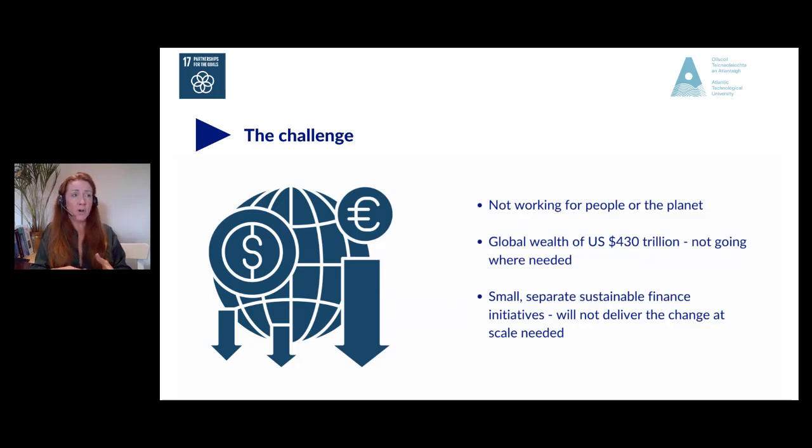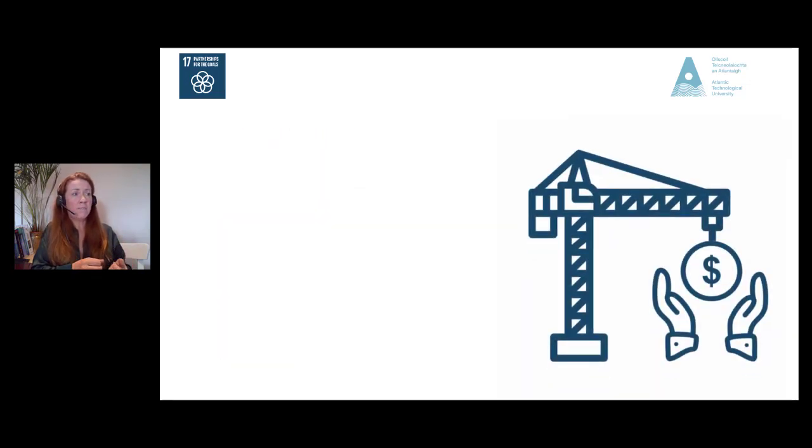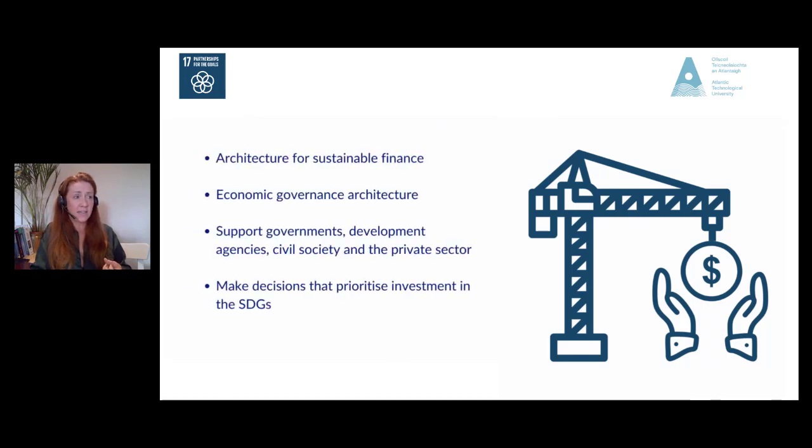The current small, separate financial initiatives and institutions cannot deliver the change at the scale that's required. And the remit of Goal 17, or the intent of Goal 17, is to challenge us to develop and/or support the development of an architecture for sustainable finance.